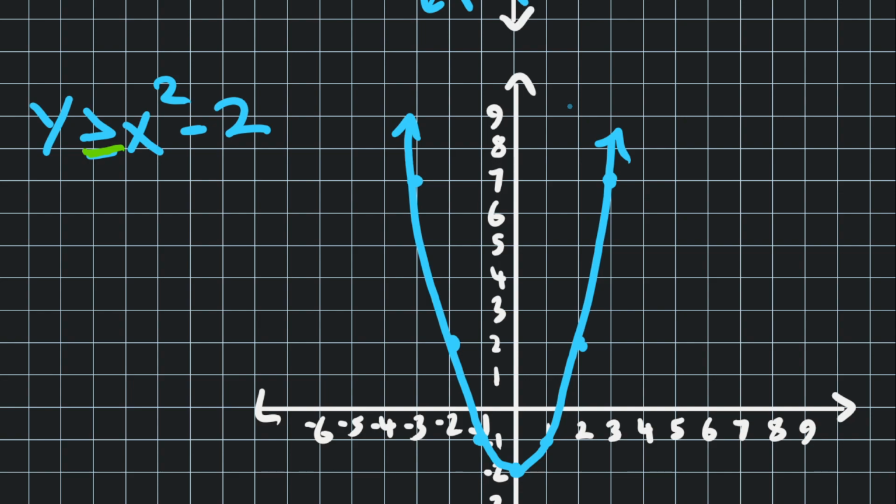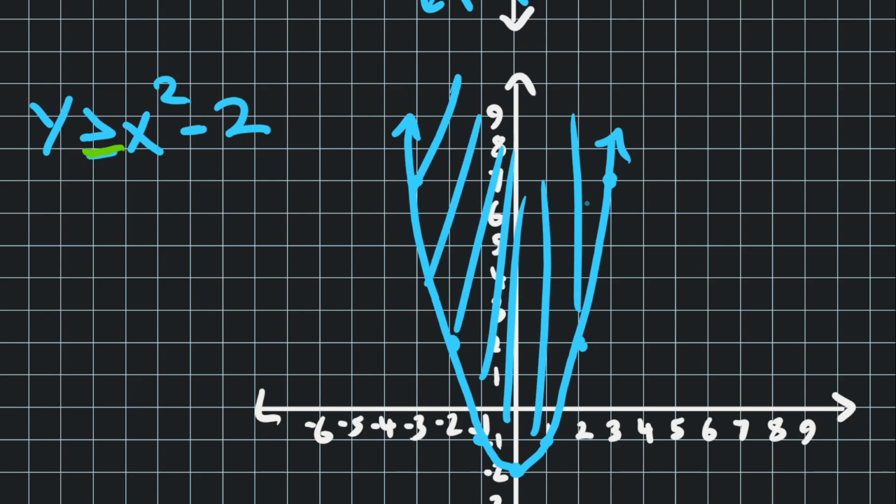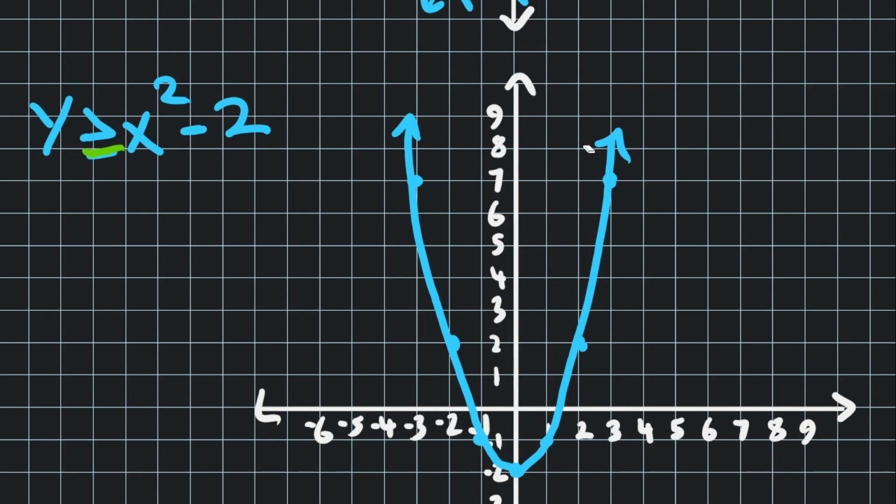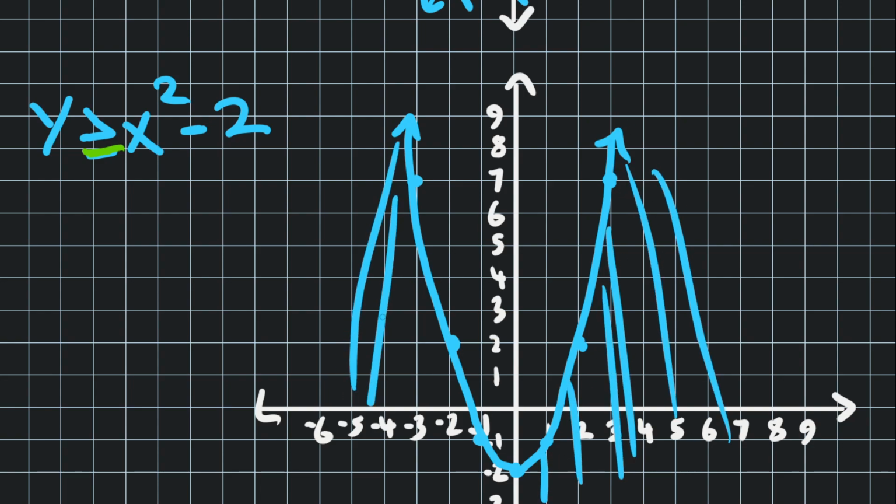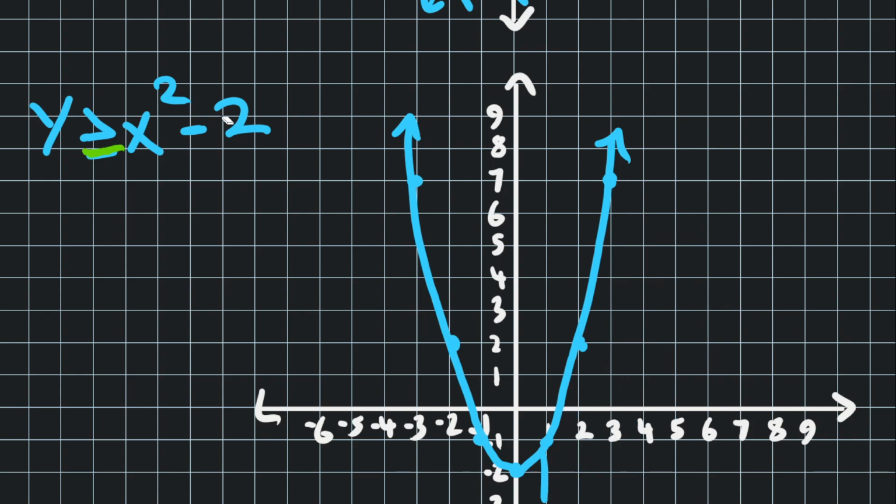And now, do we want to shade up or down? Are we going to shade above this parabola? Or are we going to shade below this parabola, which is like this? Are we going to shade above or below? So that depends on the way the sign is going. So y is greater than or equal to.